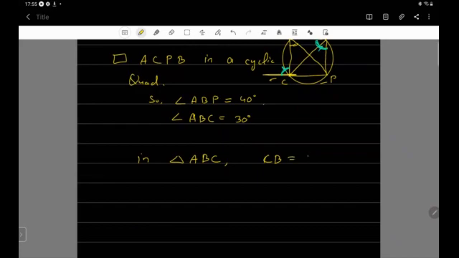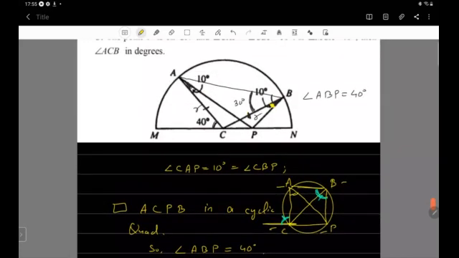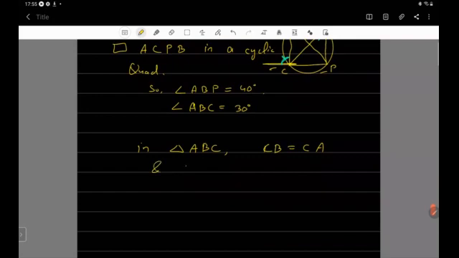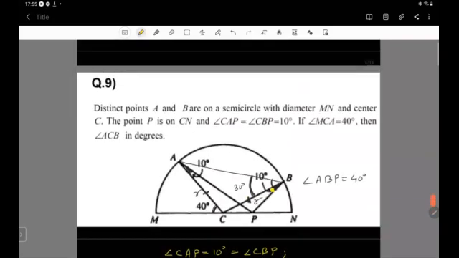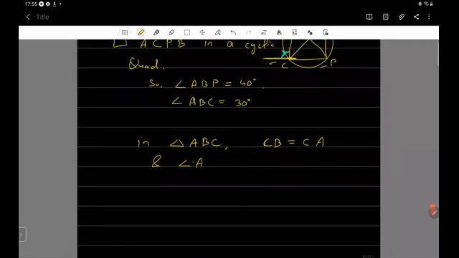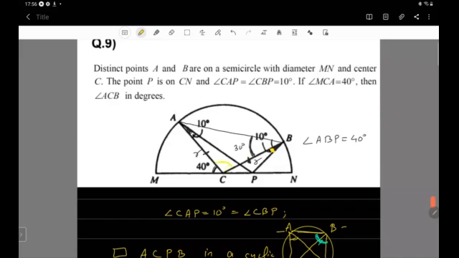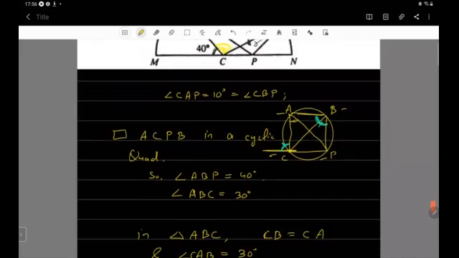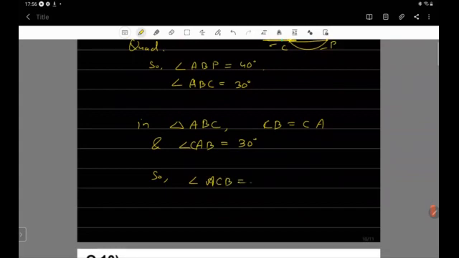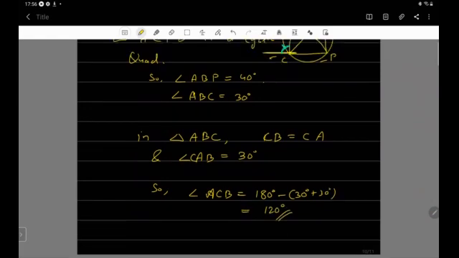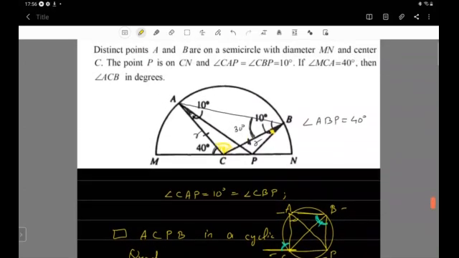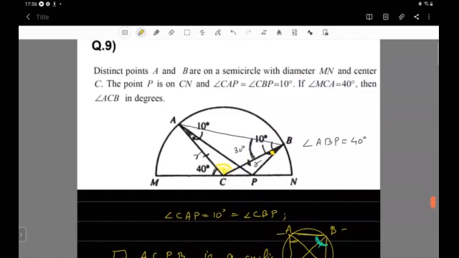CB equals CA, so it must be isosceles. And angle, which angle? Angle CAB also is 30 degrees. So angle ACB must be equal to 180 minus 30 plus 30. Answer is 120 degrees. So in this question, we have used a very basic property of cyclic quadrilaterals, right?